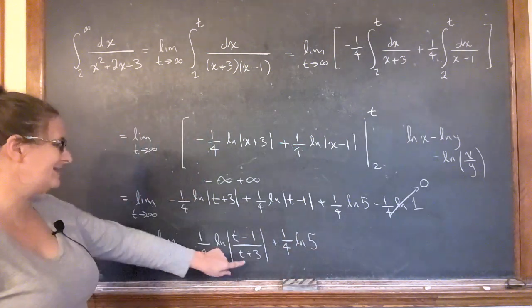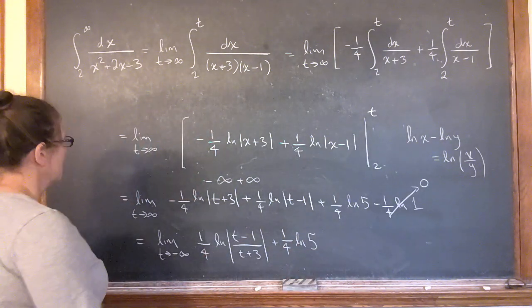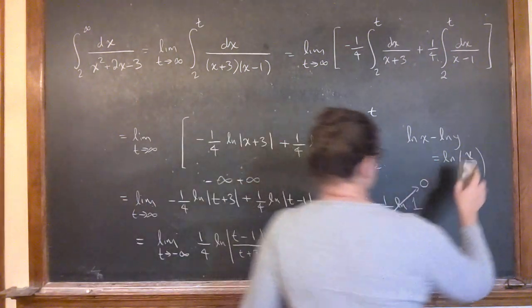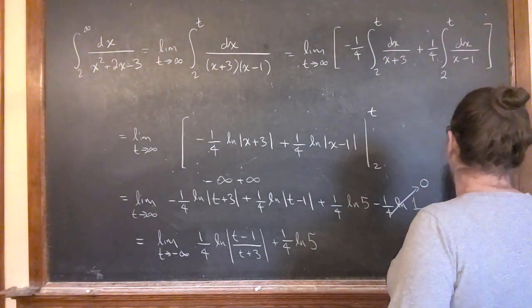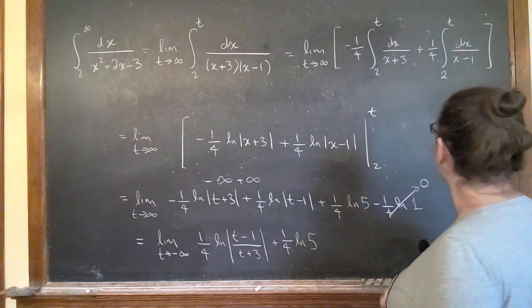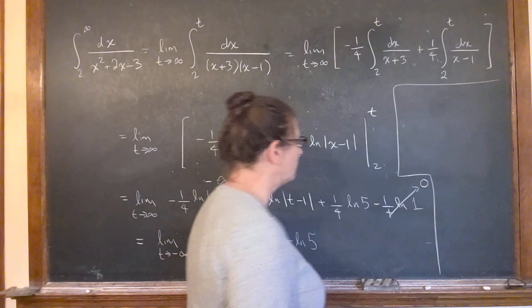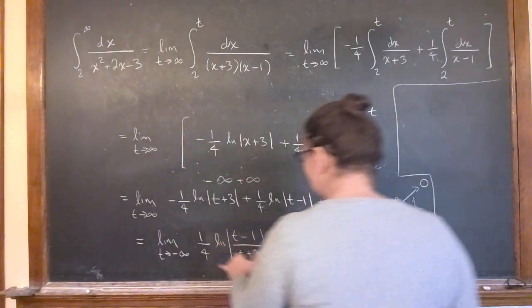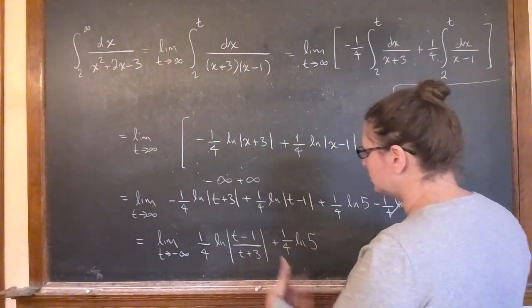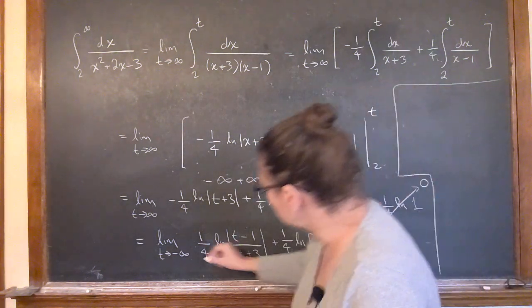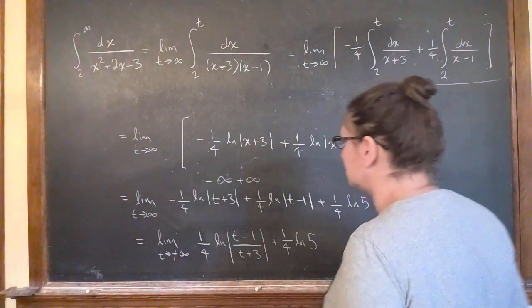Okay, now what happens to this limit? That's not necessarily easy to see. Well, you have to do something, so I'm going to do it on the side here. A little bit of work is required because natural log is a continuous function. Sorry, I don't know how that became negative infinity. Goodness.